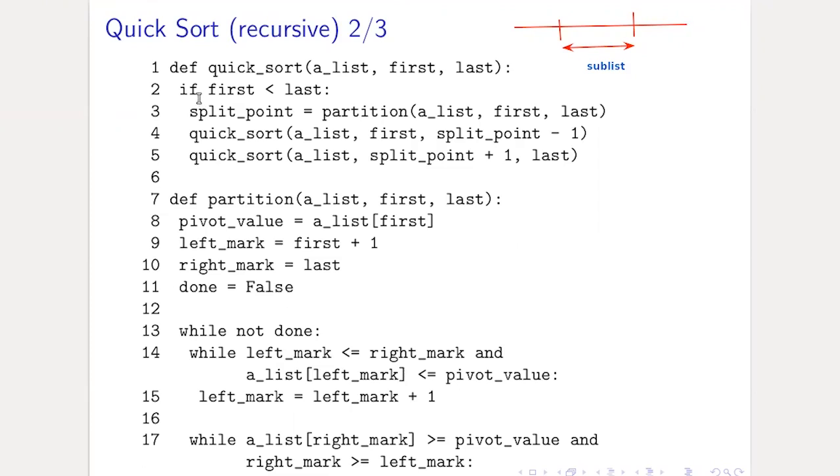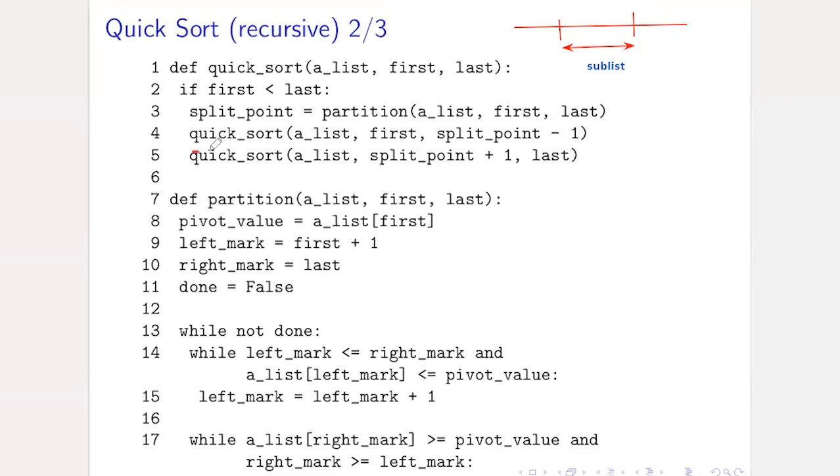So we have an algorithm to do the partitioning. Once you give this list, it will return to you the point at which the splitting should occur, and based on that point you will again call quicksort. Always you pass the full list, but you define where in the list the sublist is.